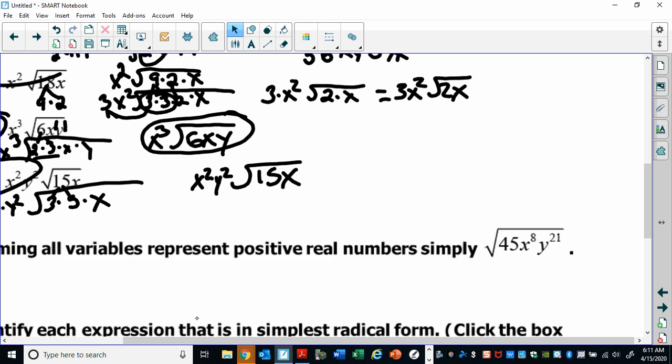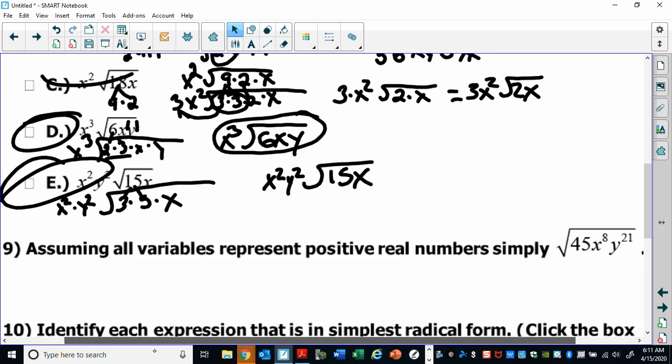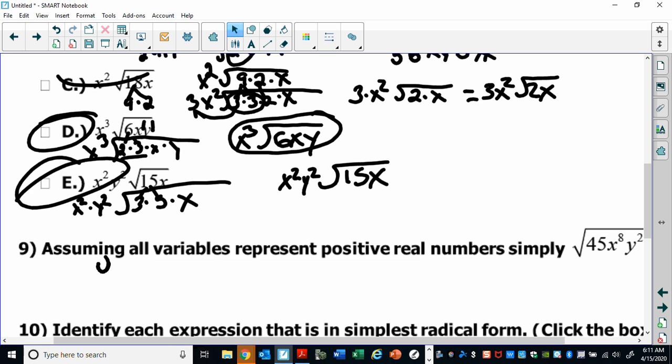So I'm going to go over here, and we're going to start this with square root of 45 times x to the 8th power times y to the 21st power. All right, so that's going to be 9 times 5, x to the 8th, y to the 21st.